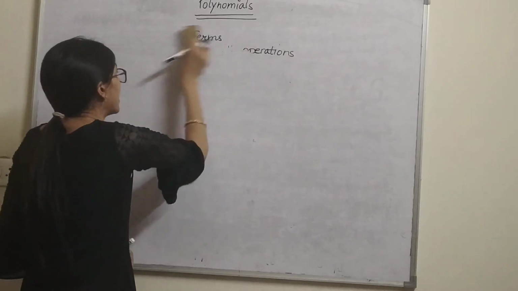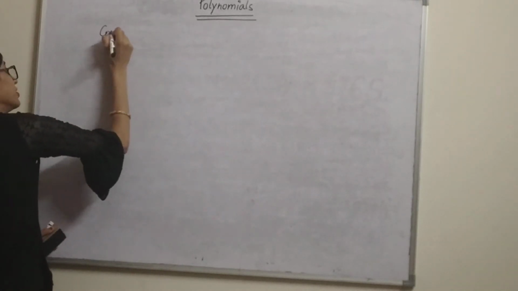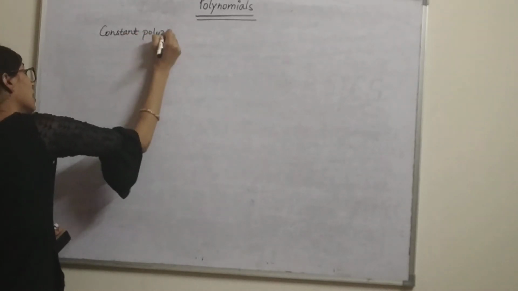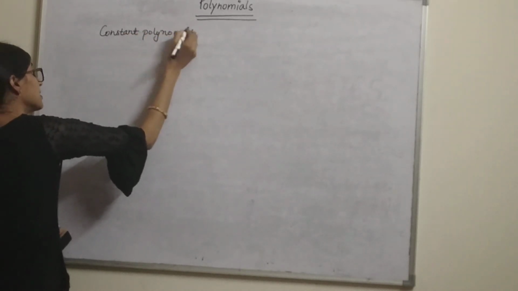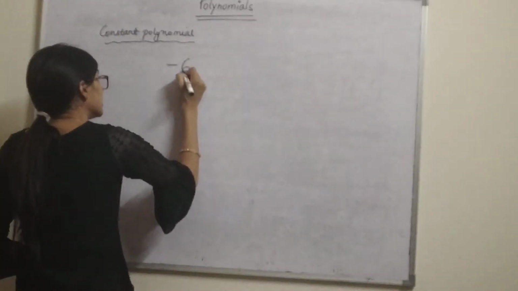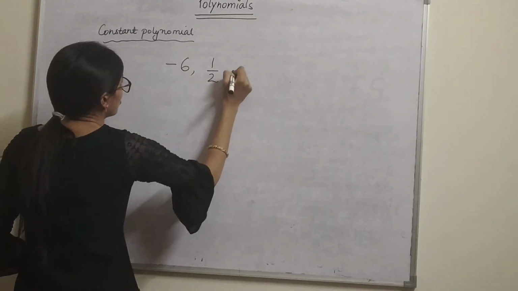Now the next part is, what is a constant polynomial? A constant polynomial is one which has no variable, like minus 6, 1 by 2, plus 5.